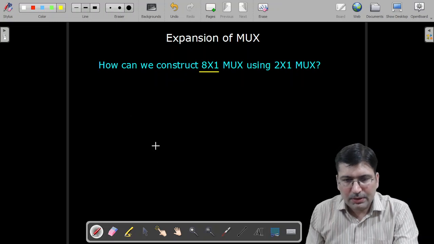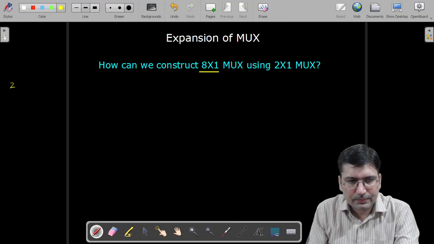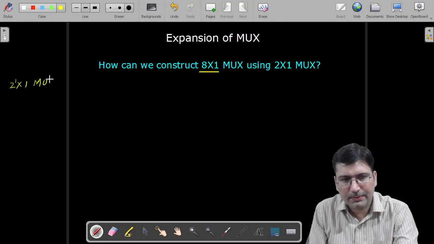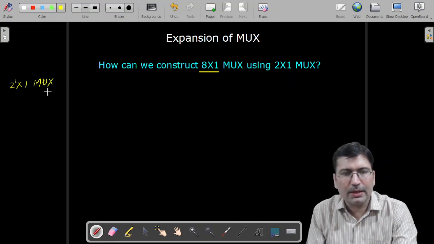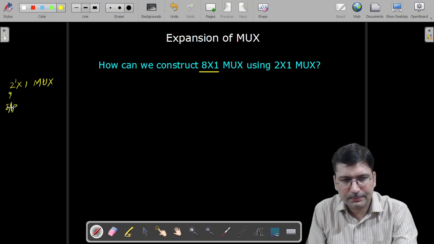So the very first thing we need to take care about: in 2x1, that is 2 to the power 1 cross 1 MUX, there is one select line and it can have two inputs. It accepts two inputs and generates one output.